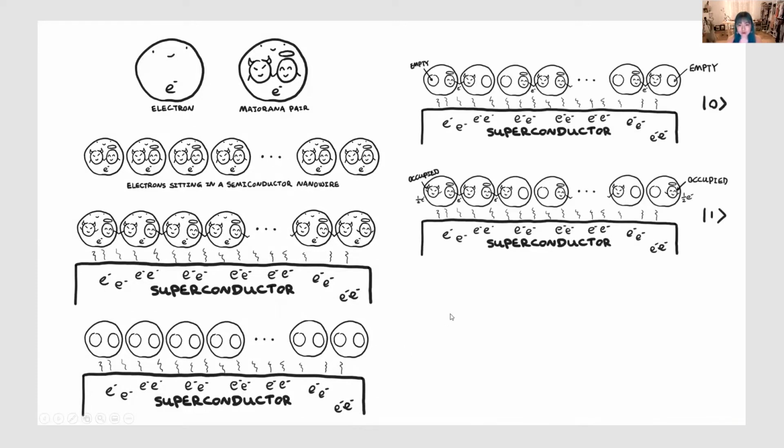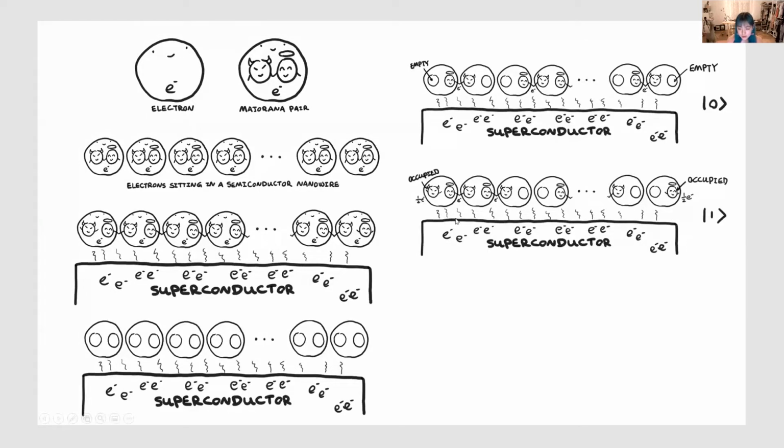And as you gradually fill in electrons, you could end up with different situations. It doesn't matter how many electrons are in between the two ends, as long as you have two situations that have exactly the same number of electrons in between, you could create a configuration where the two end states are empty, or the two end states are occupied.